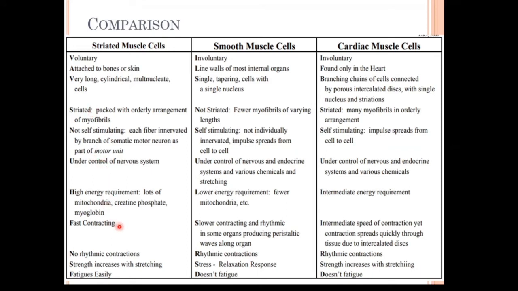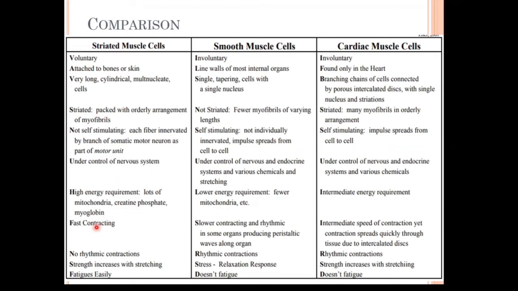Some of the important ones I'm going to discuss: the striated or skeletal muscles need high energy, therefore there is a lot of mitochondria present, whereas the smooth muscles need low energy, and cardiac muscles need an intermediate amount of energy for functioning.